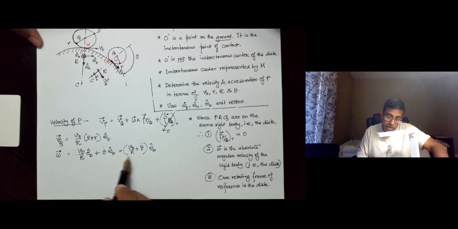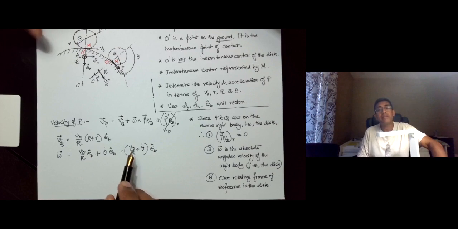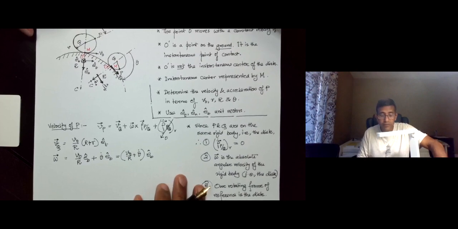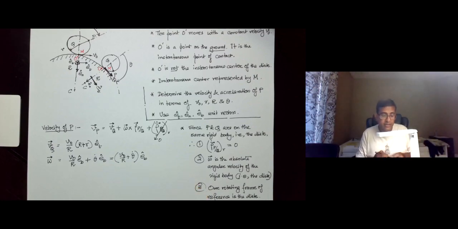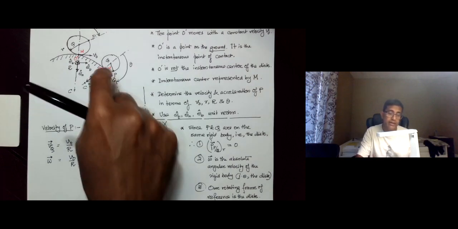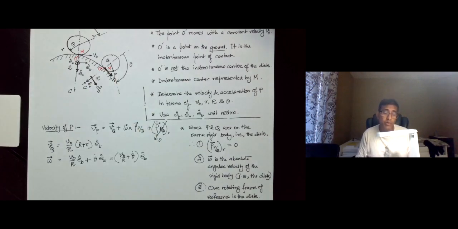Now, while we have this expression, we do not know what theta dot is, and we need to figure it out. Because the disk is rolling without slipping, there is a definite expression for theta dot. It's not arbitrary, because if theta dot was arbitrary, it wouldn't guarantee that there is no slipping.